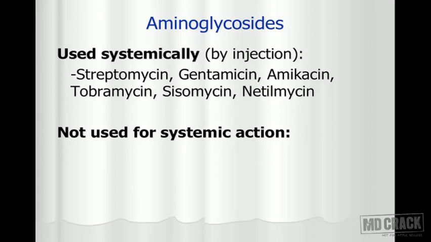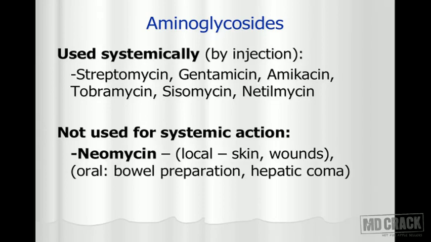The next group, these drugs are not used for systemic action. You give them, but they are used for local purposes, to produce local effects. A concrete example is neomycin, which is used topically as a skin ointment or powder applied to the skin, wounds or burns, and it can also be used by the oral route. What will happen if it is given orally?